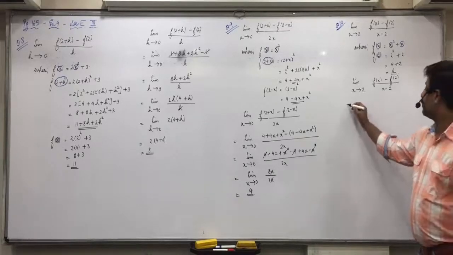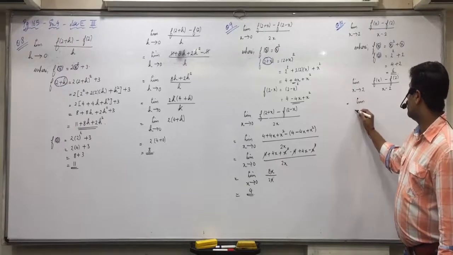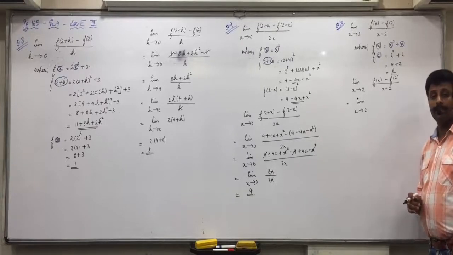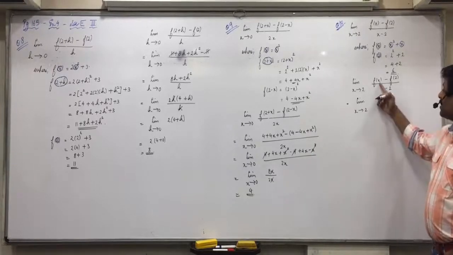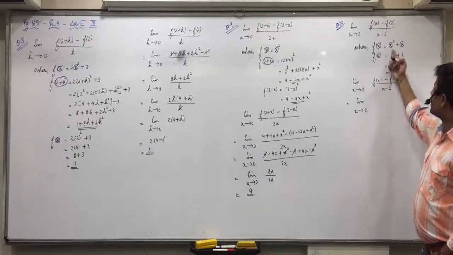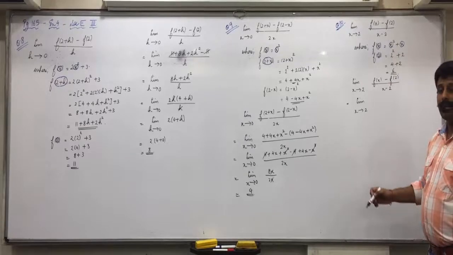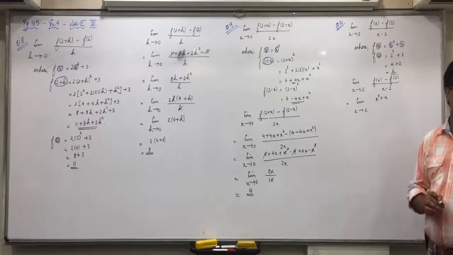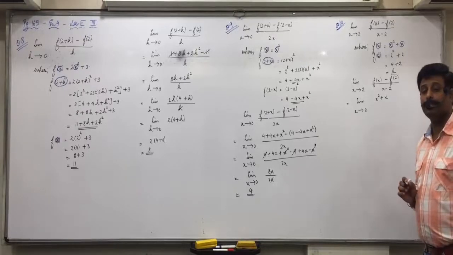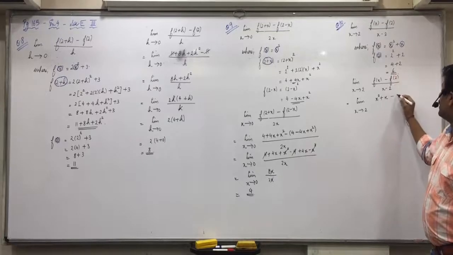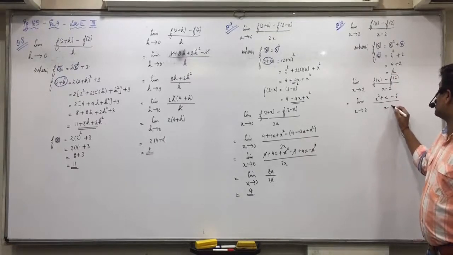What is f(x)? f(x) is x² plus x, so in place of f(x) we'll simply write x² plus x, and in place of f(2) we will write minus 6, upon x minus 2.